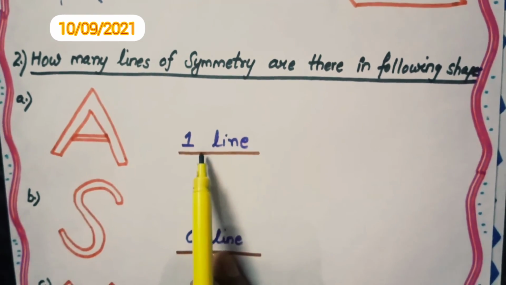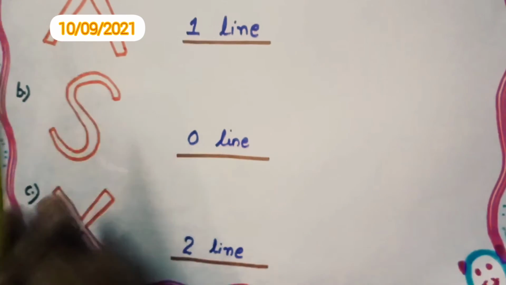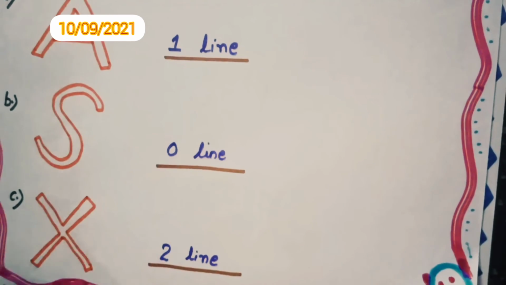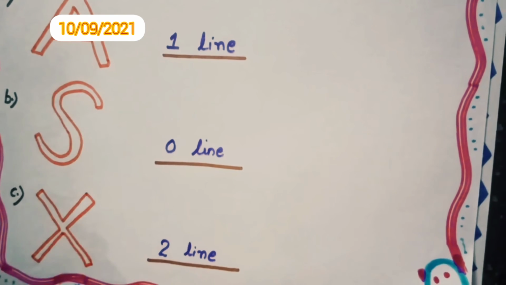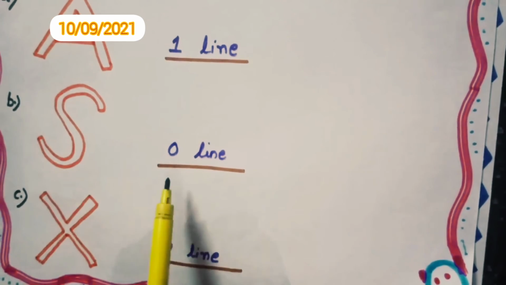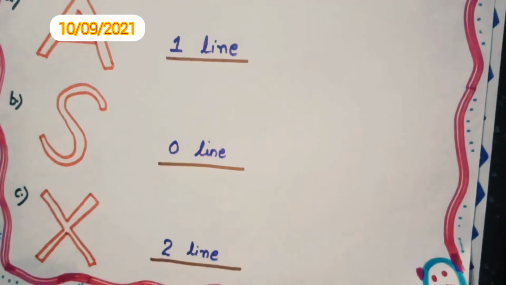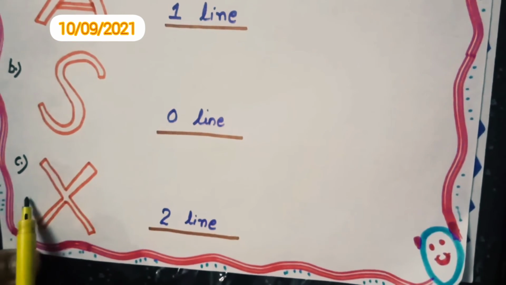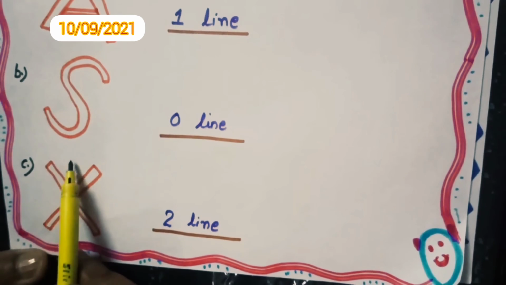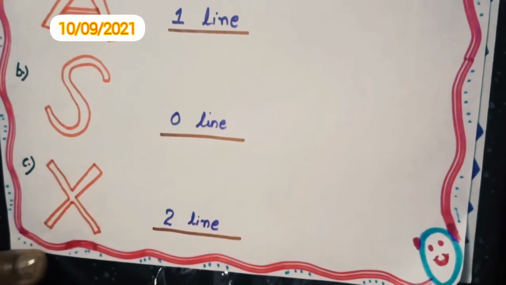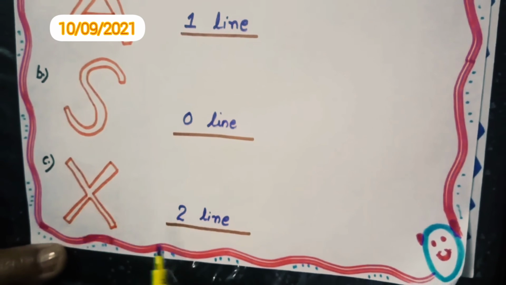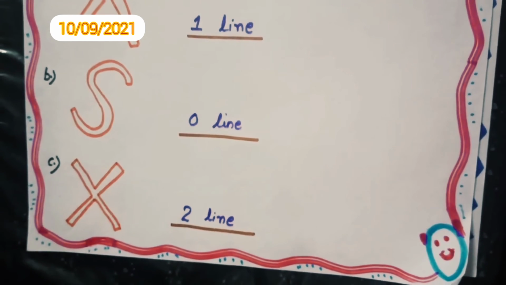So one line of symmetry is for this figure. And it is an S shape and we cannot divide it into half by any means. So the lines of symmetry will be 0 for this shape. Then for this X, this is how we can divide and this is how we can divide. So the lines of symmetry for this figure will be 2 lines.